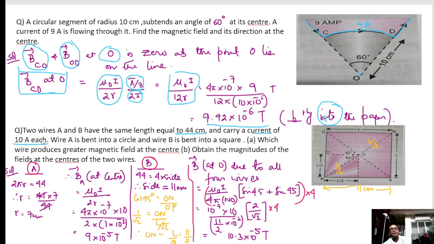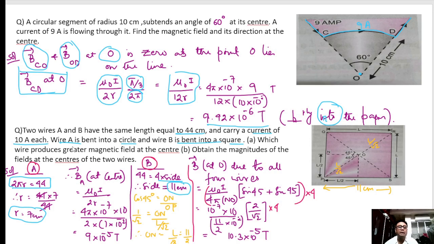Wire A is bent into a circle, so 2 pi r equals 44, and from here we can find the radius. Wire B is bent into a square, so 44 will be 4 into side, so side will be 11 centimeter. Now the question is, which wire produces a greater magnetic field at the center?